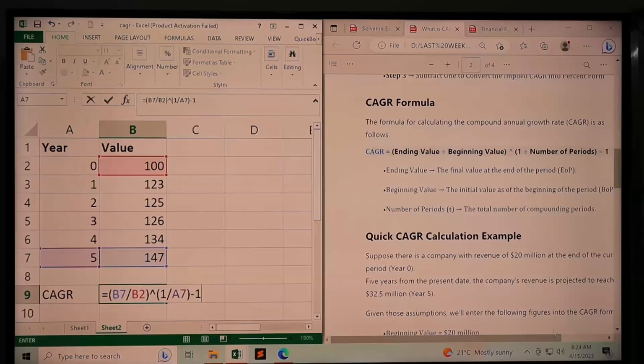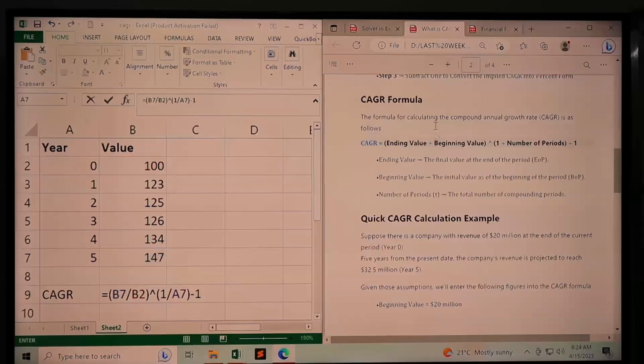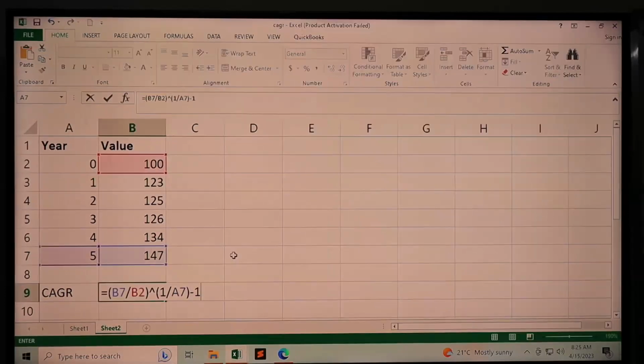So where we say the ending balance, that is the value at the end of the period. The beginning balance, the initial value at the beginning of the period, then the number of periods, that is T, the total number of compounding periods. So once you put the formula, you press enter, and it's supposed to give you a result in percentage.